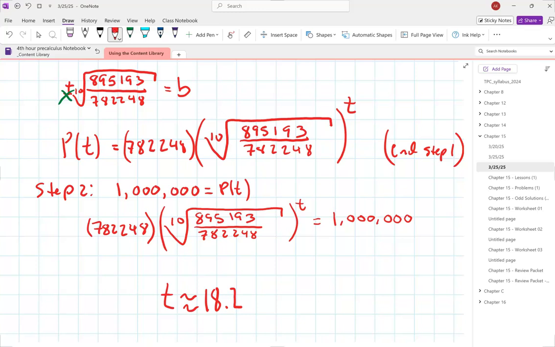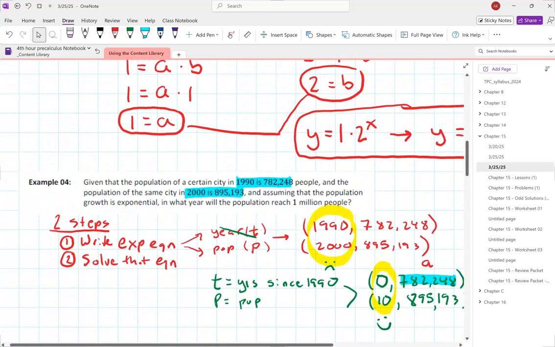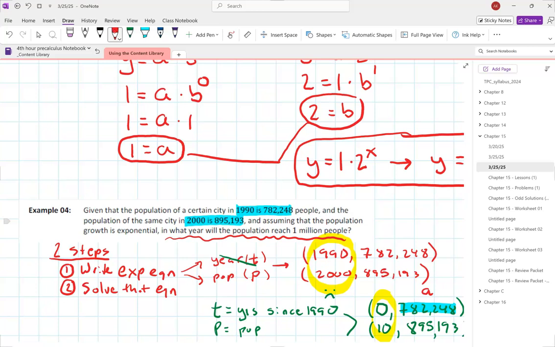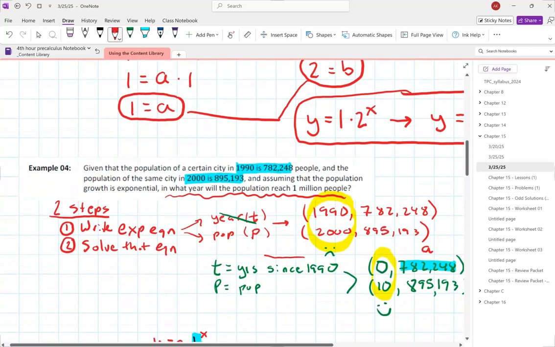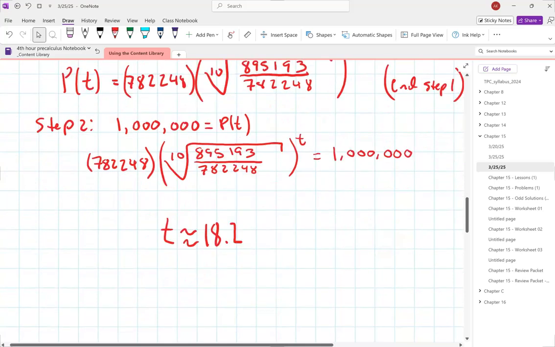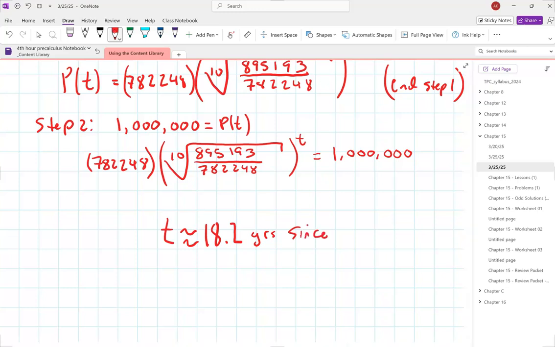Now, does 18.2 answer the question? Let's go back and read what the question was actually asking us. In what year will the population reach 1 million people? Well, that doesn't really do it. Remind ourselves that T is the years since 1990. So this really means 18.2 years since 1990.